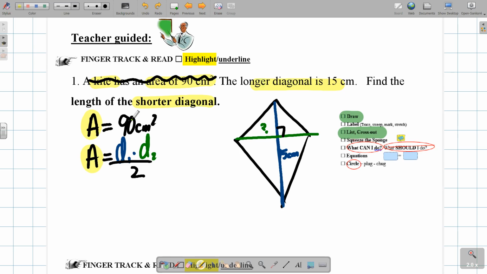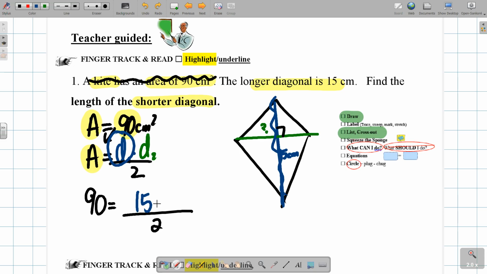Since the A's are equal, I can swap out A. I can put that in there. Our one diagonal we already have is 15. Our other diagonal we don't know. And we're going to cross multiply.